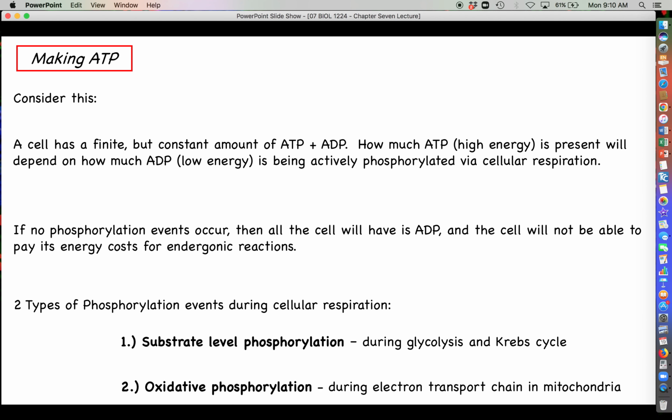The second type is called oxidative phosphorylation, and this is where we really start to harvest that high energy that we get from those electron carriers and use that to synthesize ATP in the mitochondria through what's called the electron transport chain. We are going to eventually see that the vast majority of the ATP that we make during cellular respiration is made by doing oxidative phosphorylation rather than substrate level.